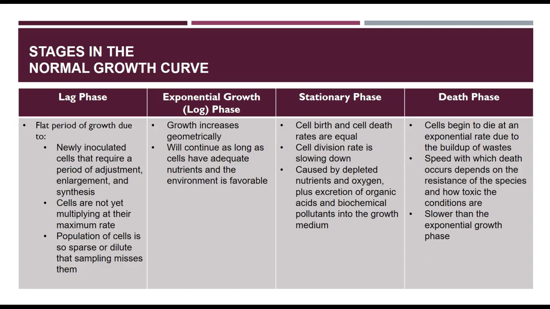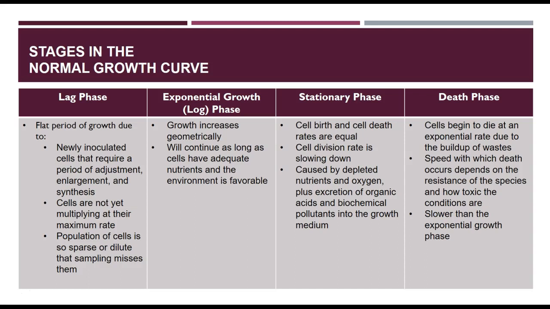These cells, because they have not yet adapted to their environment, are not multiplying at their normal maximum rate, so they need some time to recover and adjust. This could also be because the population of cells introduced to the medium is very small. So when we dilute the sample, it's hard to actually catch an organism there.